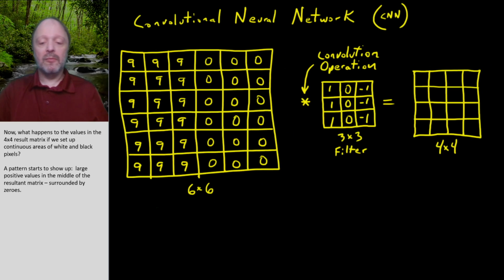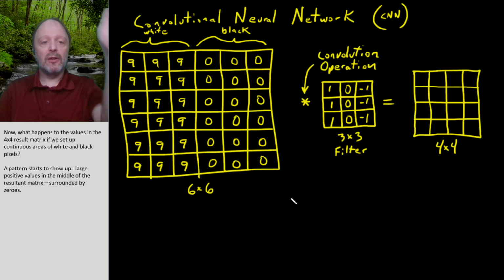So what we're going to have is all of these are going to be white pixels, and all of these over here are going to be black pixels. Okay? So we have an area that's all white, and an area that's all black pixels.